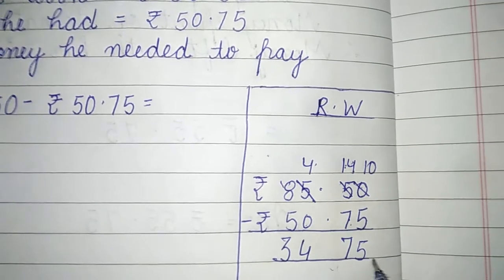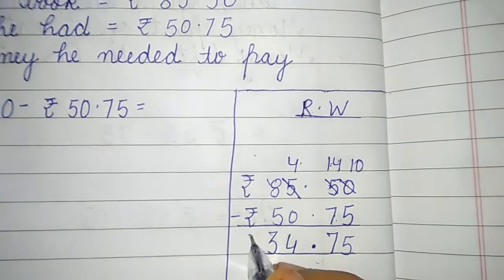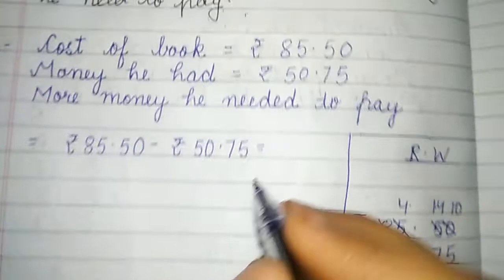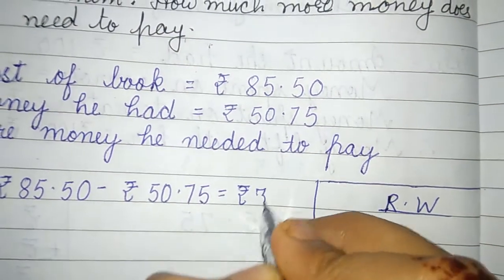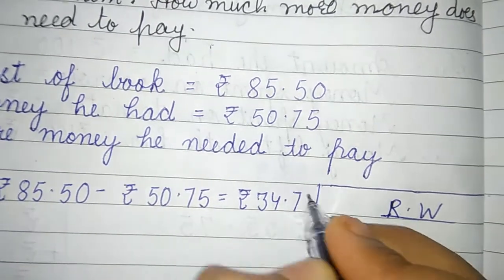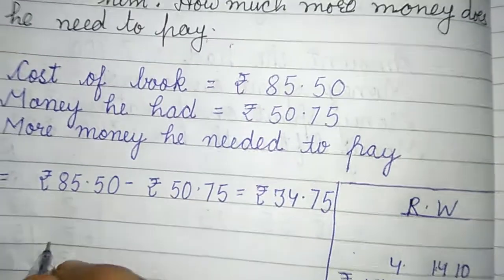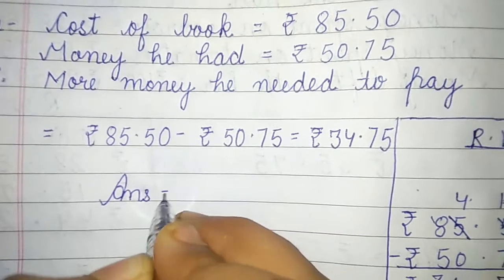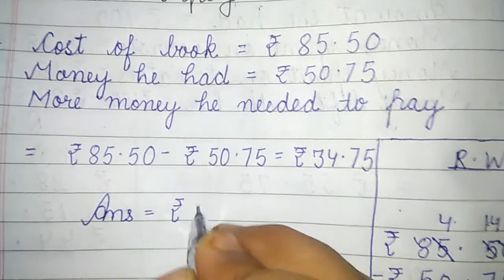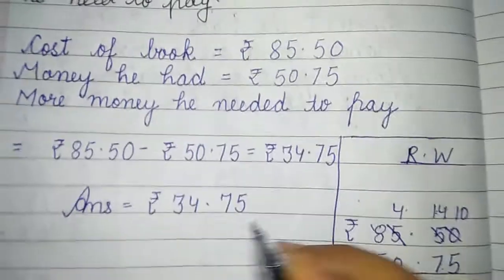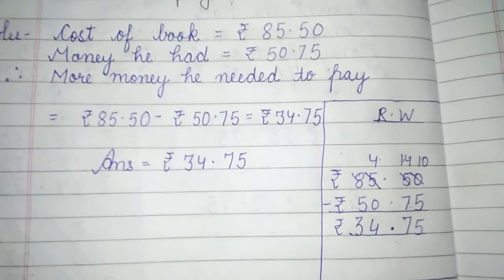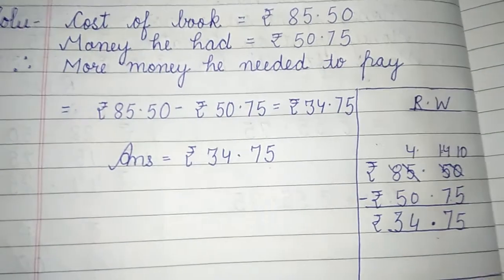Rupees 34.75. Write here the answer. So he needed to pay rupees 34.75. Students, is that clear? Okay.